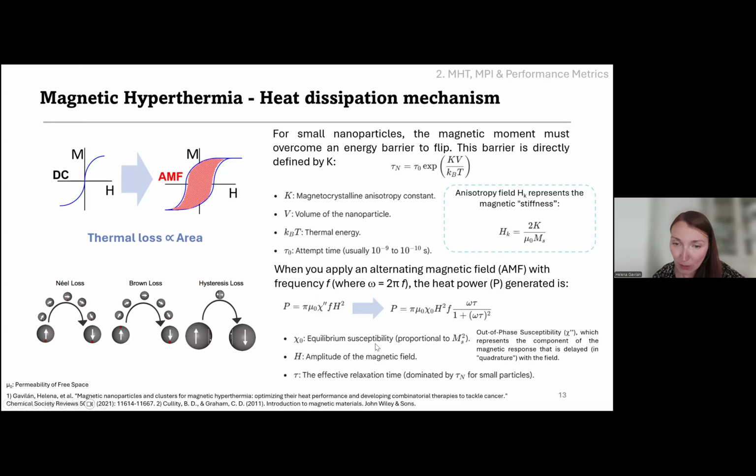We can write this formula in terms of the equilibrium susceptibility, and we consider this term here with the effective relaxation time, which, again in the case of very small particles, would be dominated by Néel magnetic relaxation.